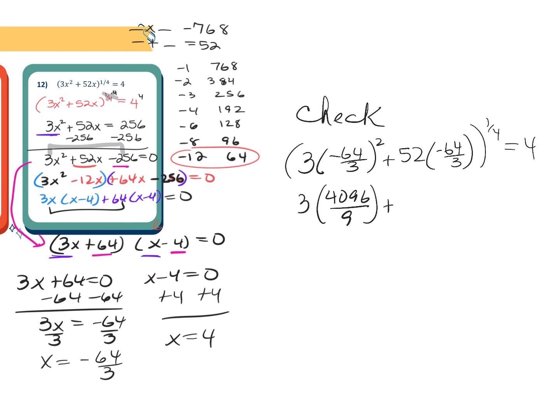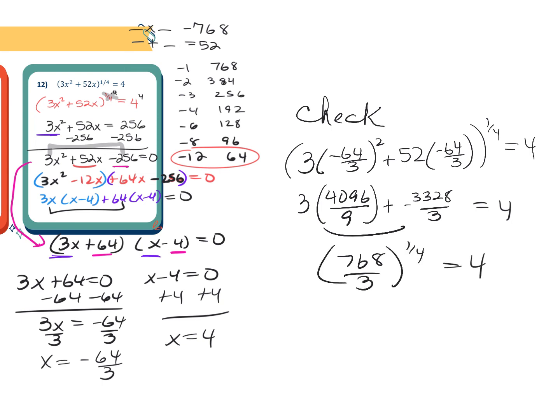And then over here, when I multiply this, I get 3328 over 3, negative, equals 4. And then I can go ahead and multiply here and add, and I get 768 over 3 raised to the 1/4.